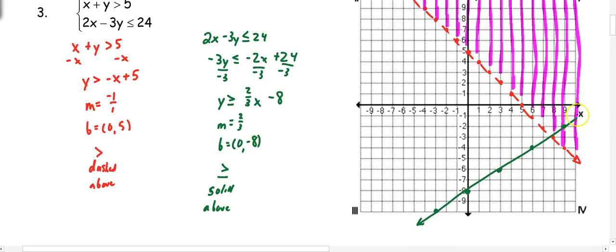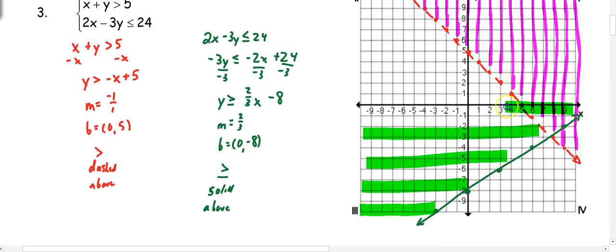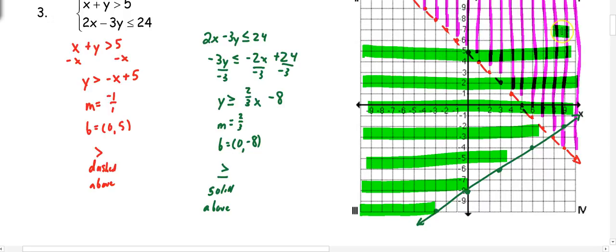So we have our solid line, and then we shade above. And as we shade more of the graph, we start to see our overlapping region.